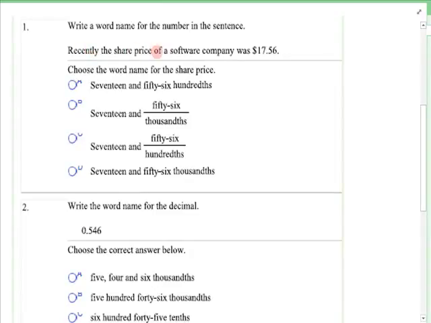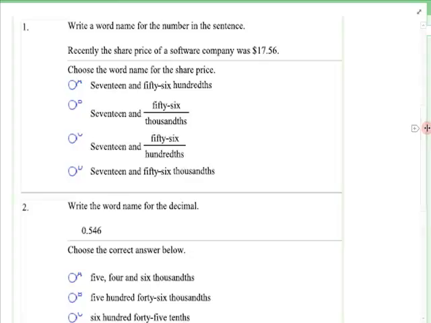Recently, the share price of a software company was $17.56. How would we say that as a decimal number? All right, we're not going to worry about the fact that it's money right now, just how would we say it as a decimal number? We would say 17 and 56, what place is it in?